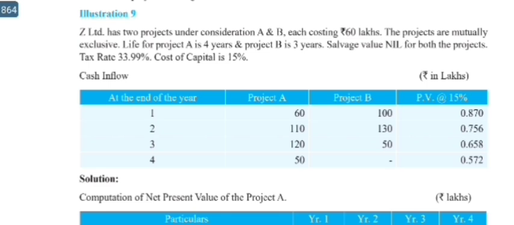Cash inflows are at the end of year 1: project A 60, project B 100; second year: project A 110, project B 130; at the end of year 3: project A 120, project B 50; at the end of the fourth year: project A 50.